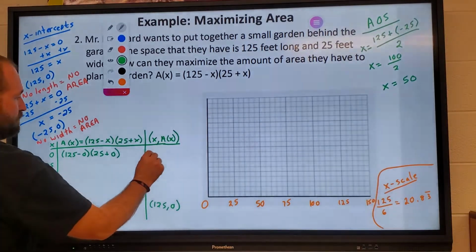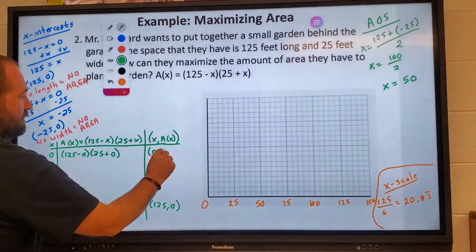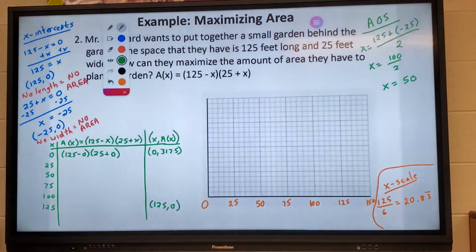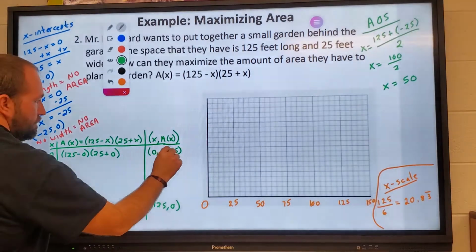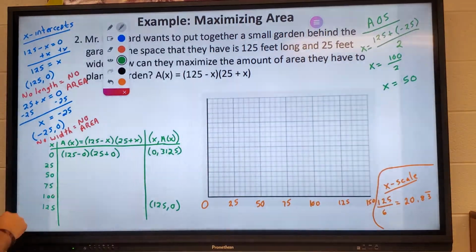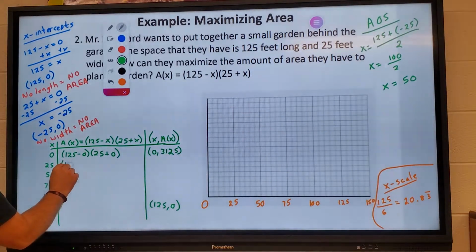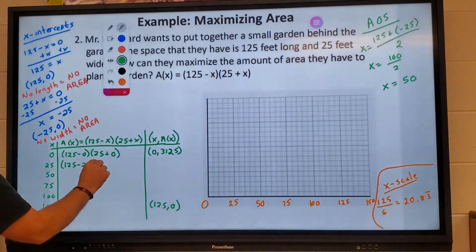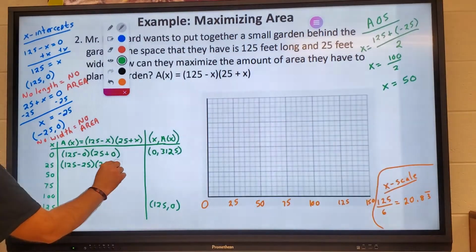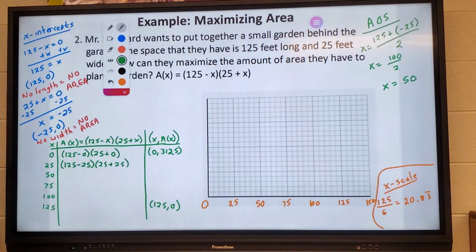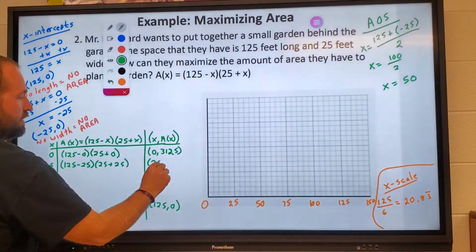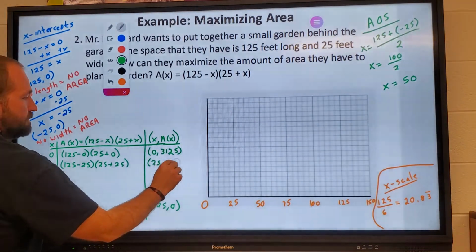So we have 0, comma 3,125. If I plug in 25, 125 minus 25 times 25 plus 25 is going to give me 25 comma 5,000.